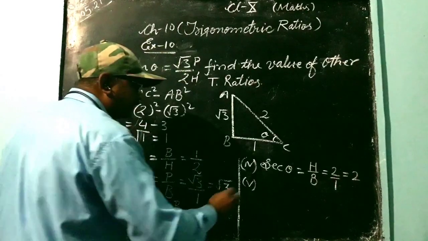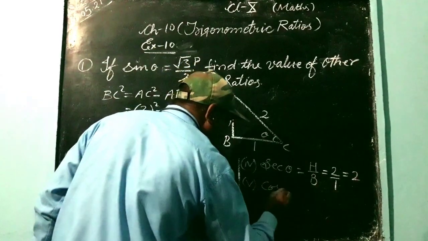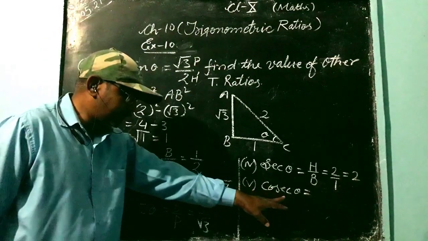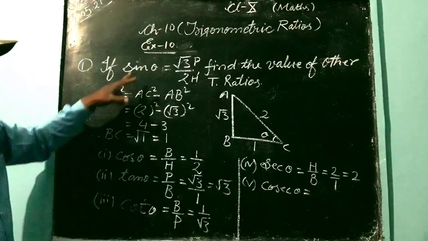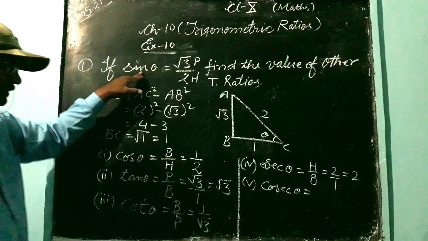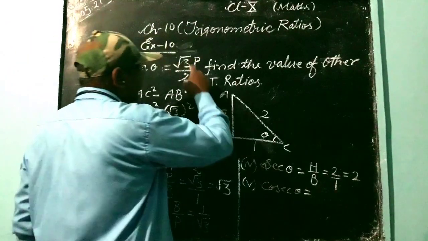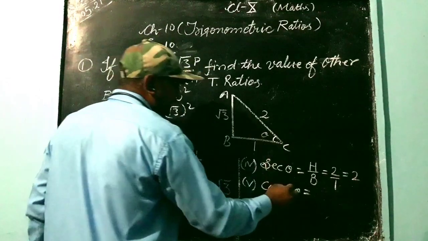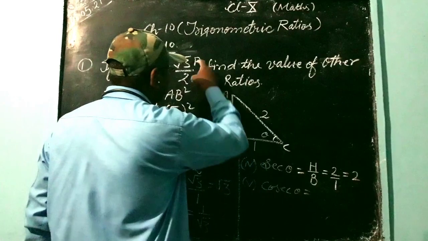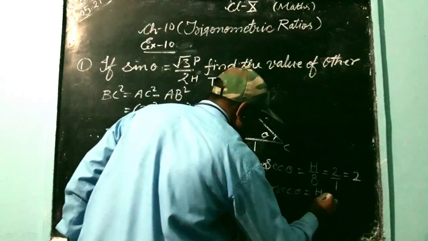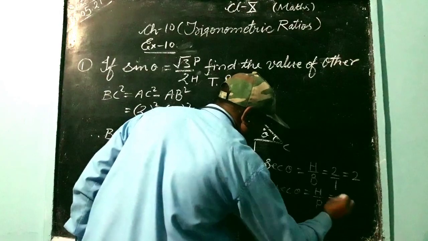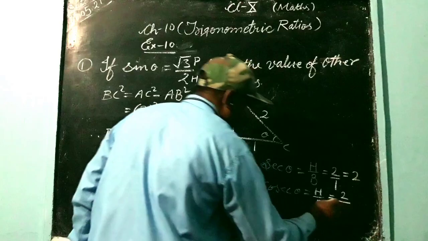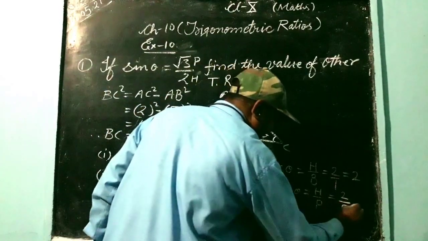Now at last the fifth part, the given T ratio is cosec theta. Cosec theta is the reciprocal of sin theta, which is P upon H, so cosec theta will be H upon P. H comes 2 and perpendicular comes under root 3.